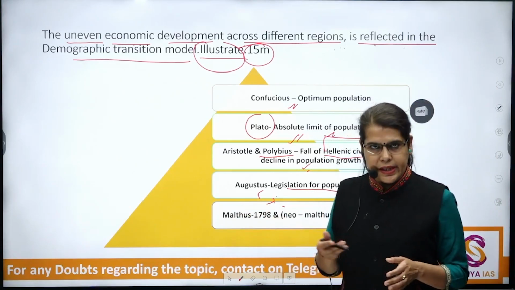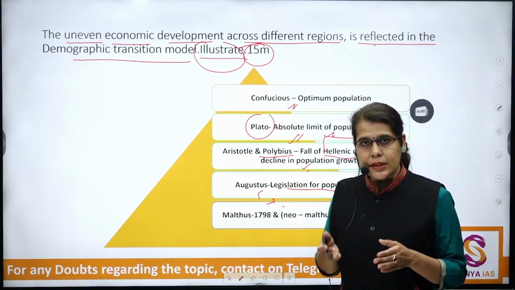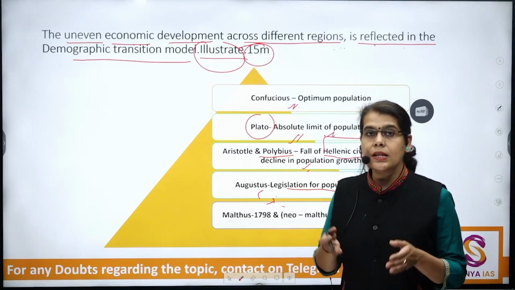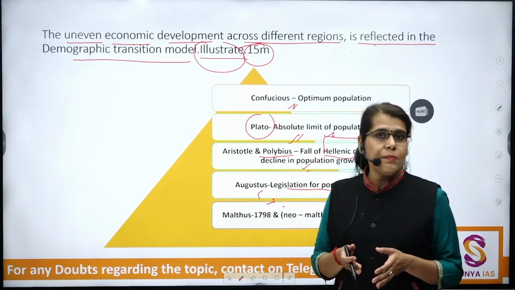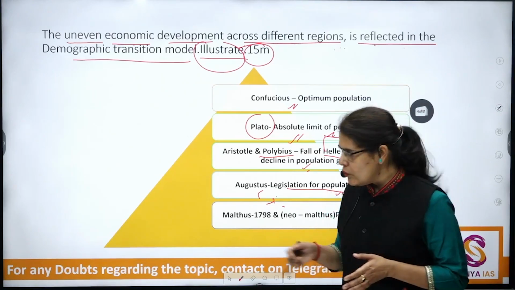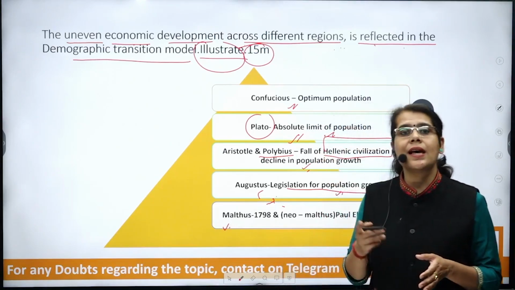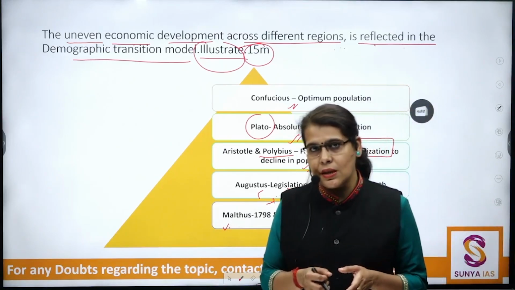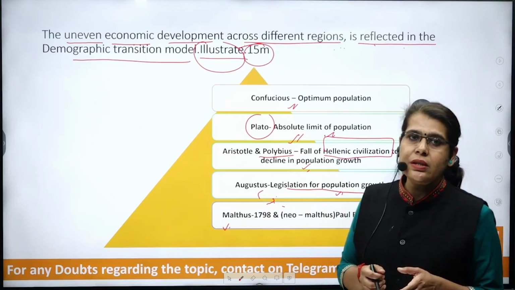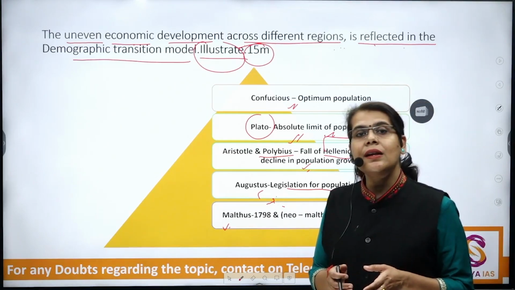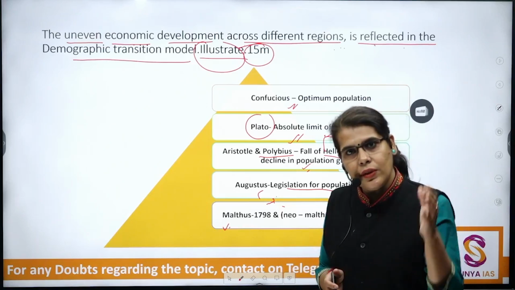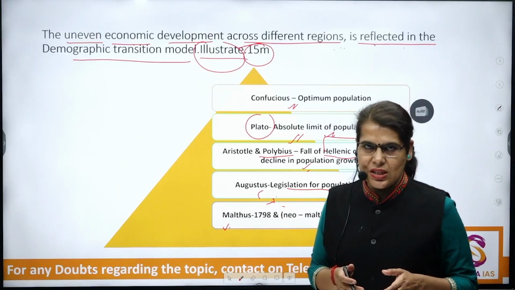However, very recently there were ideas which see population growth as a challenge. One of which was the Malthusian idea, which concerns population growth and its impact in the context of limited food resources.